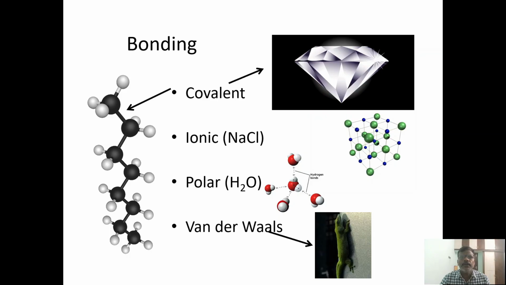A covalent bond exists in hydrocarbons as well as in diamond, and an ionic bond exists in sodium chloride. Polar bonds we can see in water and alcohols, and van der Waals forces of attraction generally exist when, like, a lizard climbs on the wall.